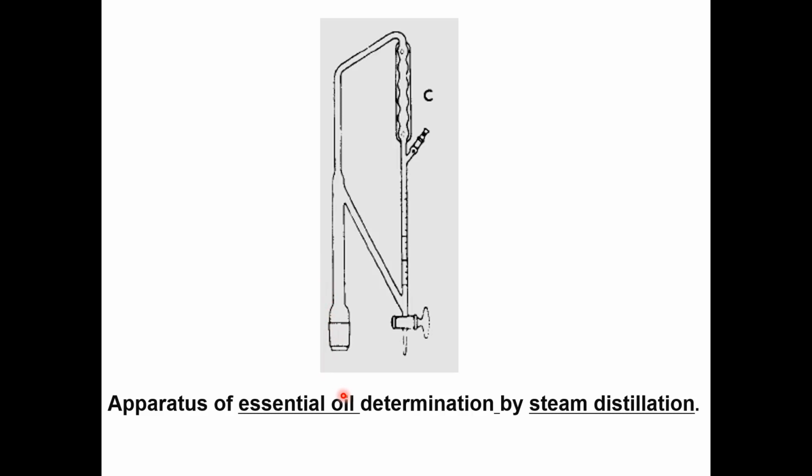For oils heavier than water, we use a tube of different design, with a different orientation, so that the water will be returned into the distillation flask, while the oil heavier than water will be collected in this graduated tube.